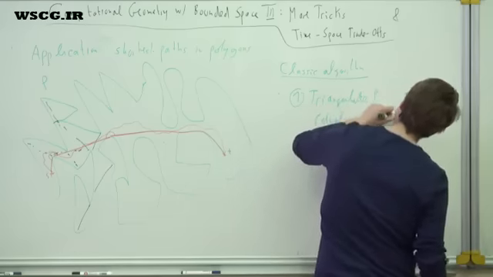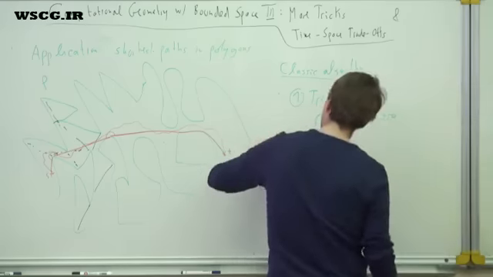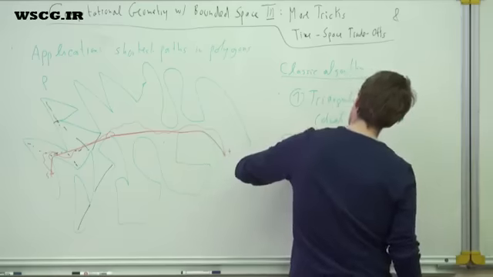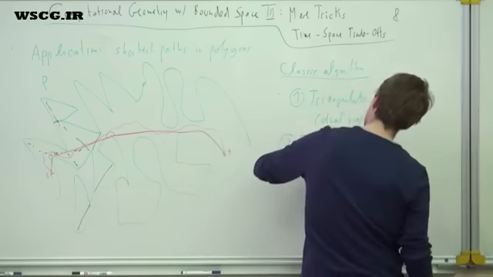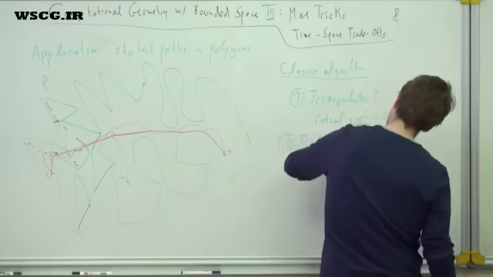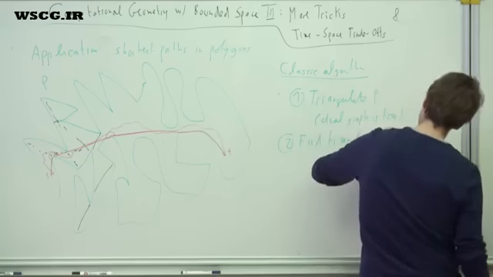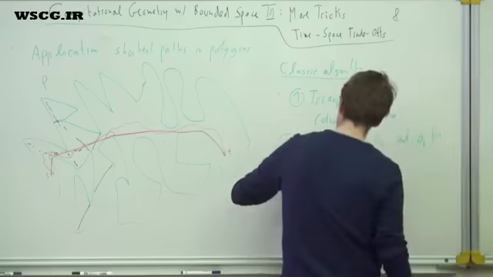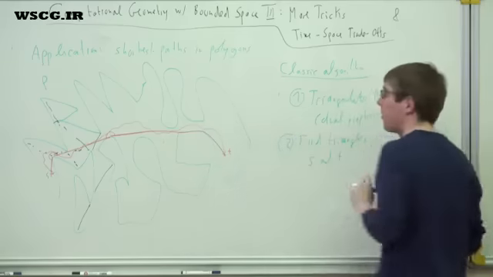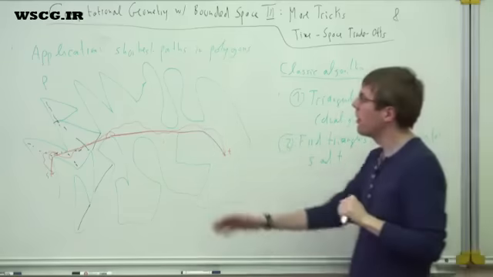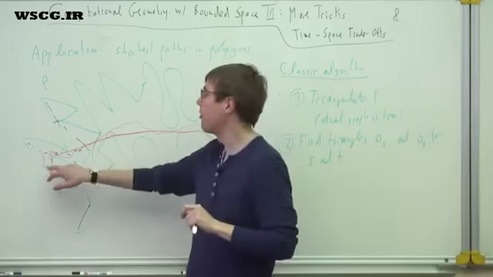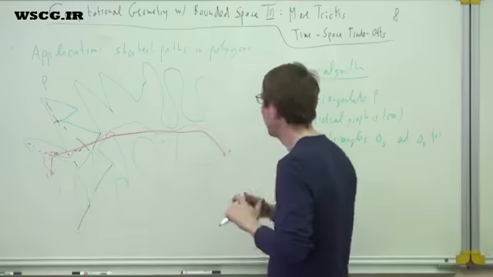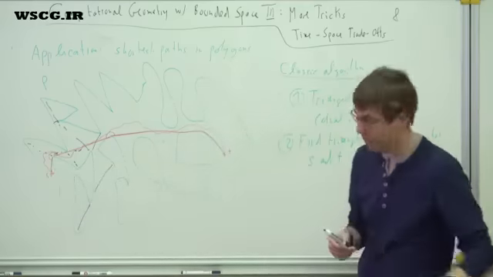Then the next thing is we find triangles for S and T, delta S and delta T. So we triangulate the polygon, we find the triangle which contains S, we find the triangle which contains T.